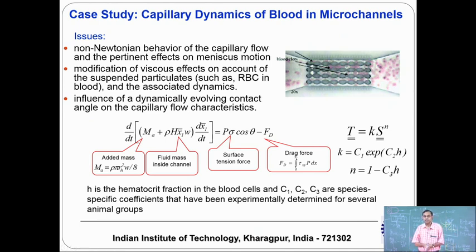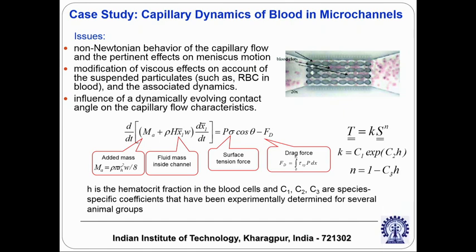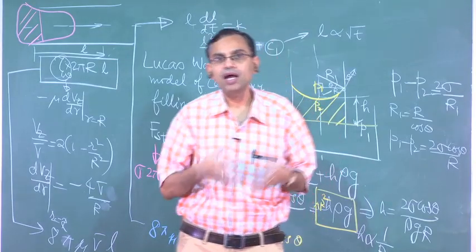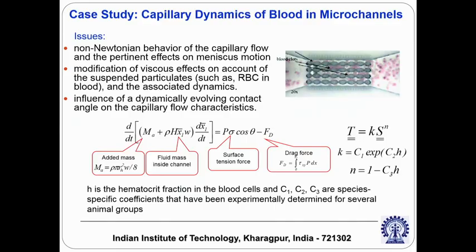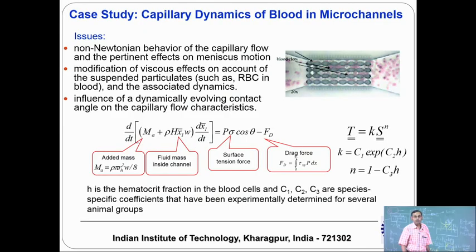The shear stress depends on how you model blood, and here I will try to describe a little bit of the hematological issues that can crop into the picture when we are modeling blood. You will see that blood can be modeled in various ways.